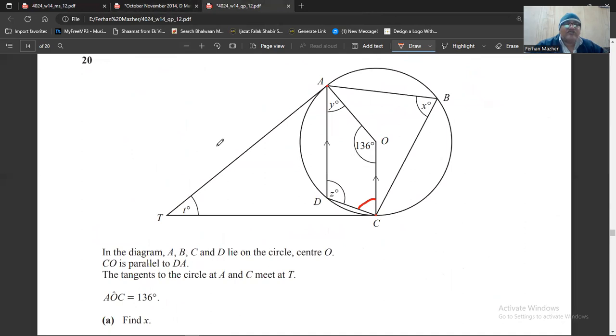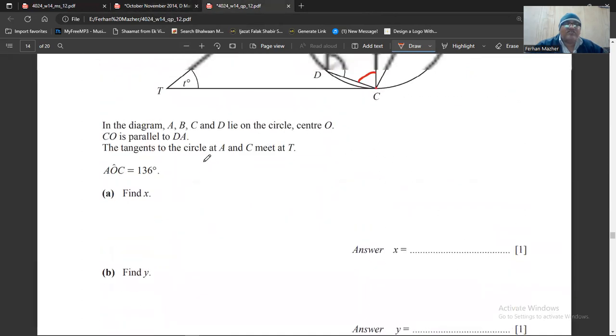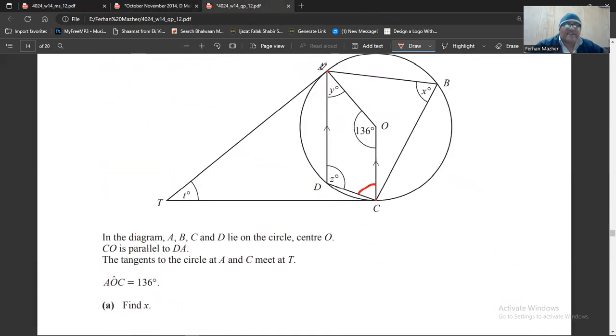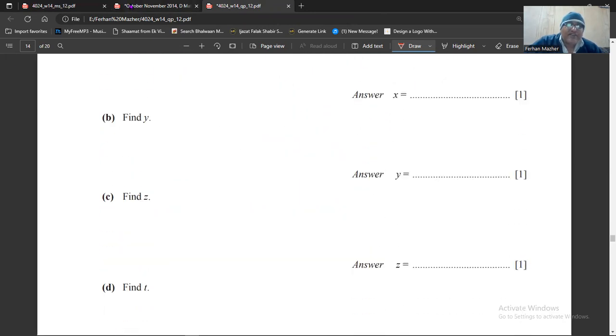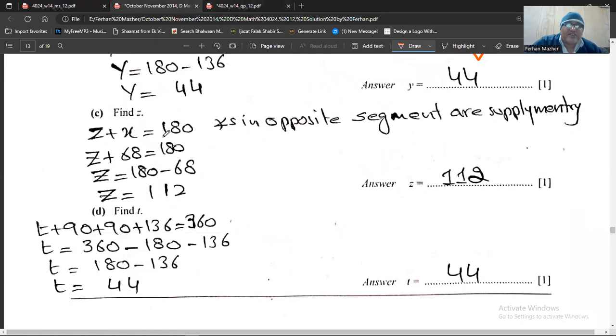Then the question is to find the value of z. Can you see A, B, C, D? It's a cyclic quadrilateral. The x and the z are angles in the opposite segments, so their sum will be equal to 180.